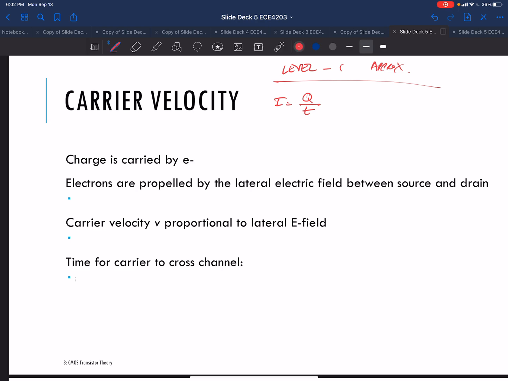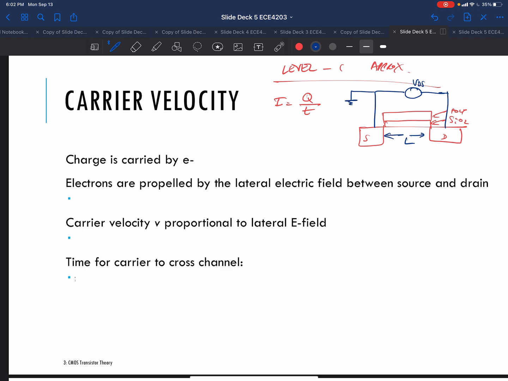Okay, let me draw the dimensions here. This is the silicon dioxide, this is the poly, this is the drain, and this is the source, and this is the length of the channel. And then we have a certain voltage, V drain source, just across the channel.